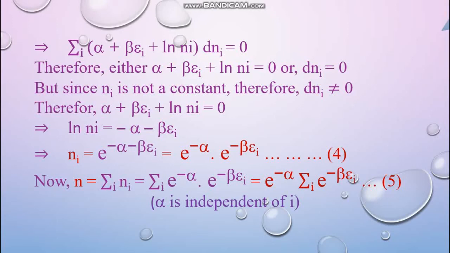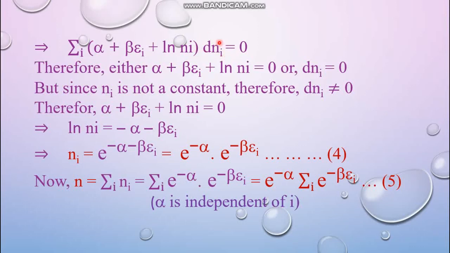So sum over i, alpha plus beta epsilon i plus ln ni, with dni as common, is also equal to 0. Now we have two terms whose product is 0. Either the term within the bracket equals 0 or dni equals 0.